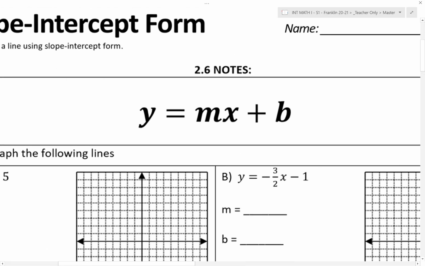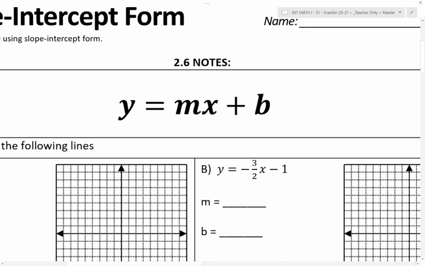Slope-intercept form is the form of equation that looks like this: y equals mx plus b. Now y and x are just y and x. M, this number here, is the slope, which if you remember from last time, is a number that tells you how steep and what direction the line goes.